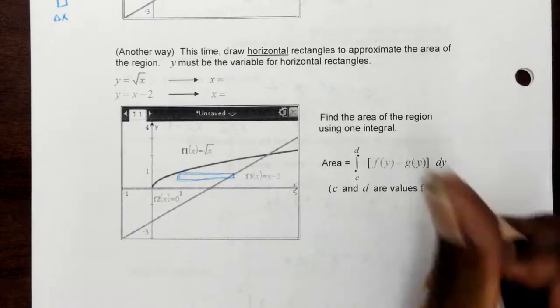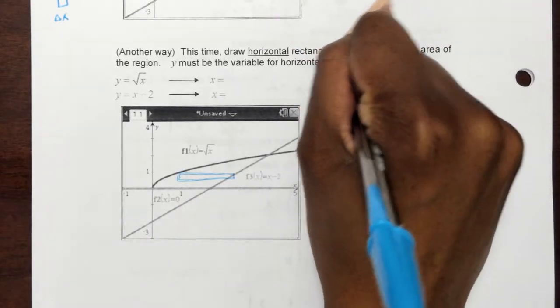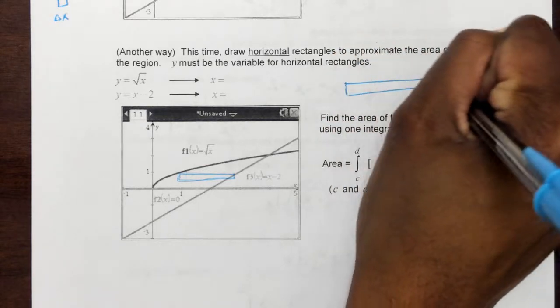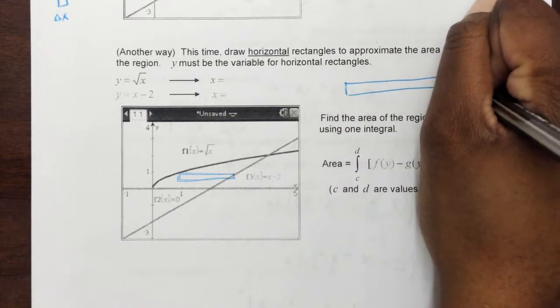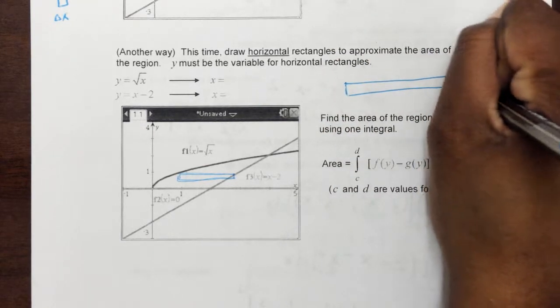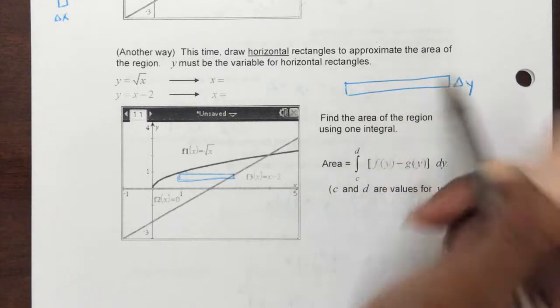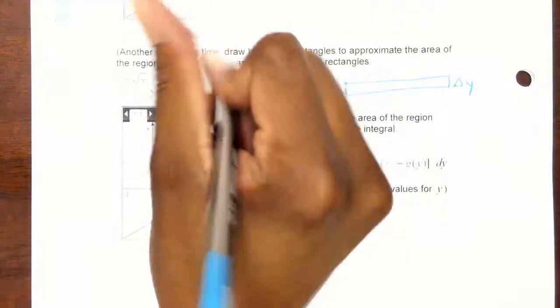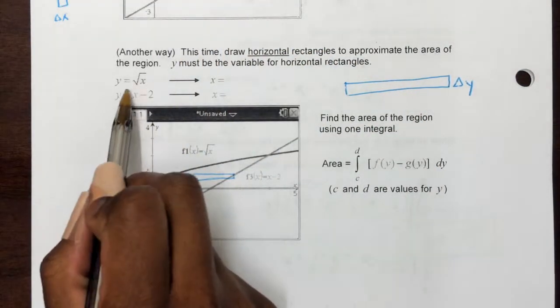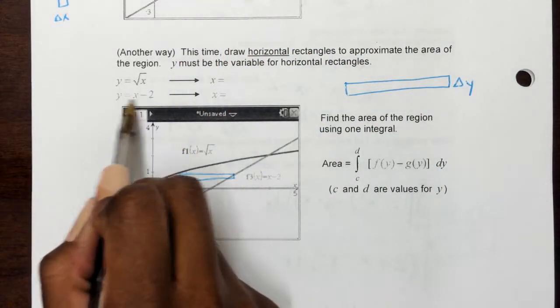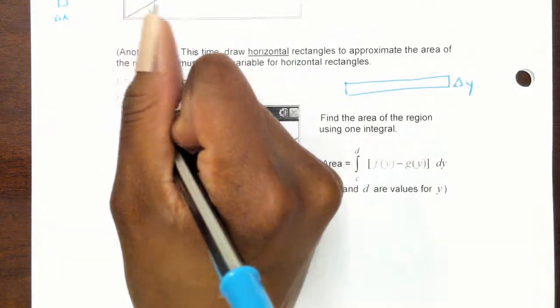If I draw a horizontal rectangle instead, then my height is a change in y, and my base is actually going to be in terms of y.